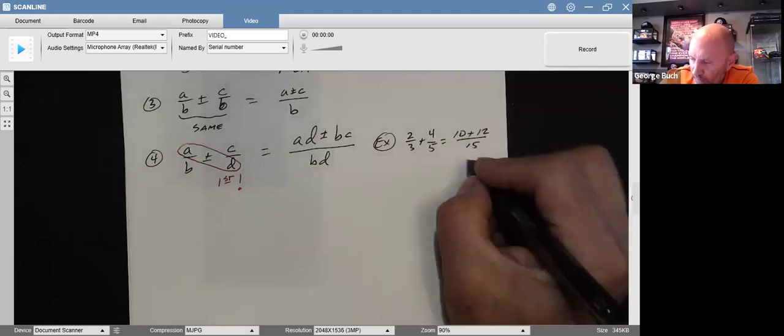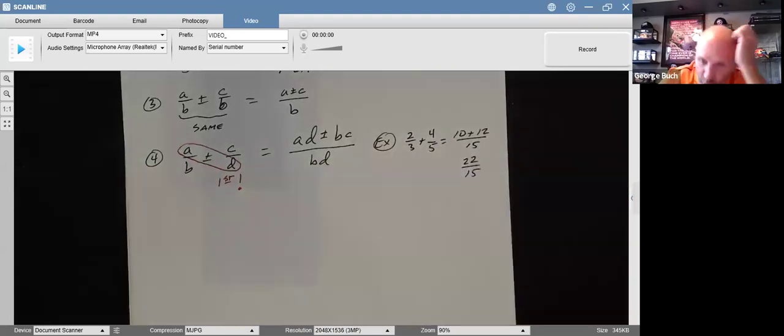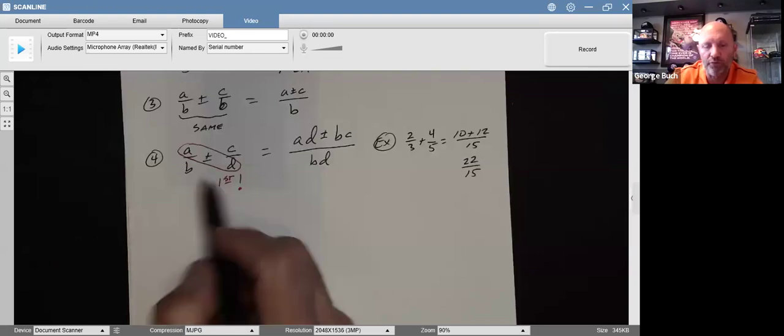So now simplify, 10 plus 12 is 22 over 15. So it's a little quicker than converting 2/3 to have the same denominator as 4/5. If I convert that denominator, it just makes our life a little bit easier, but you have to be careful to go this direction first.